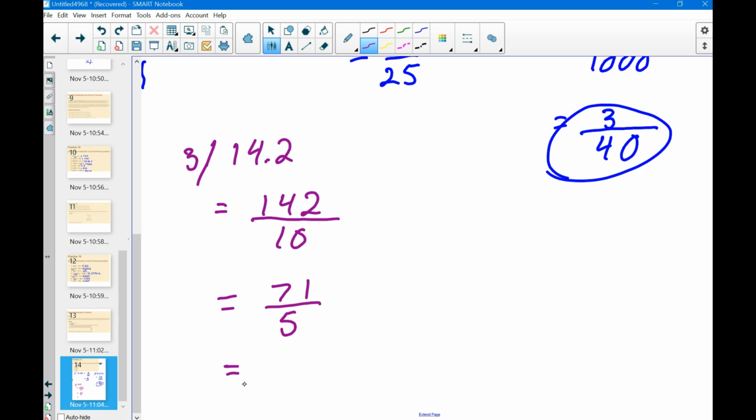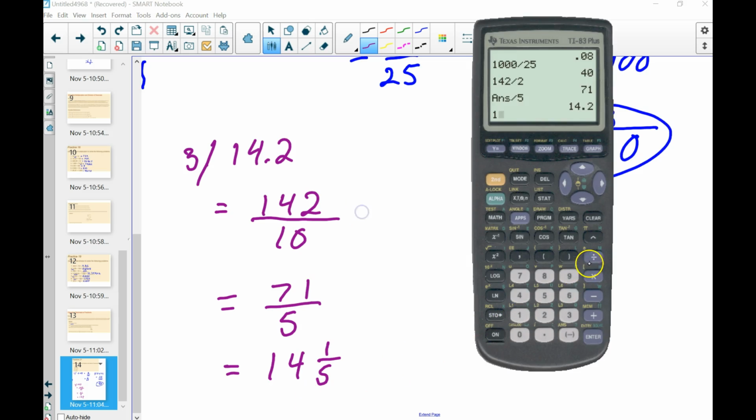So if I divide 5 into 71, I get 14, which gives me 70, and I have 1/5 left over. And to double check that, I can see that 1 divided by 5 is 0.2.